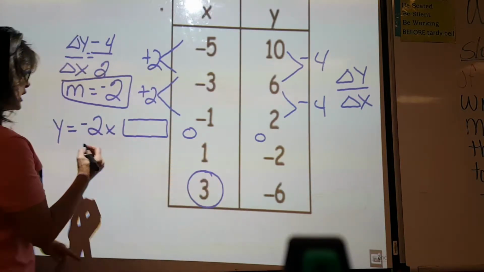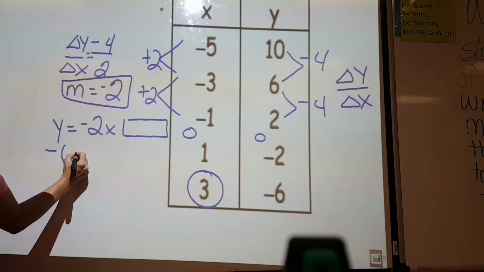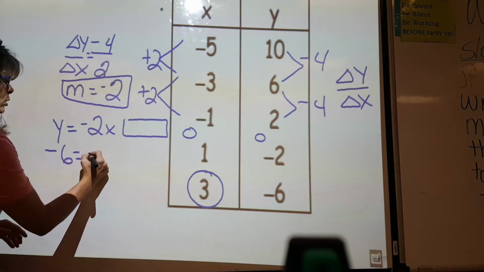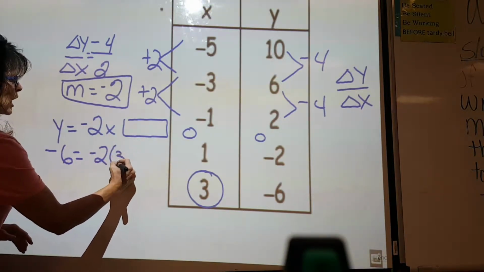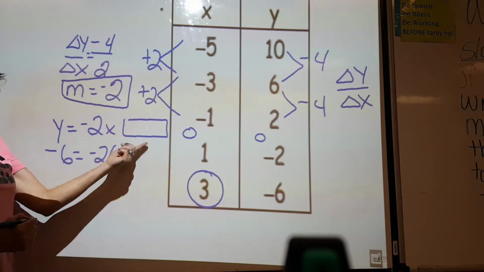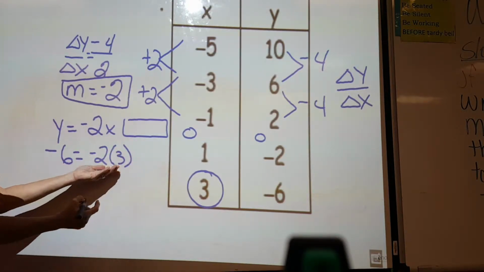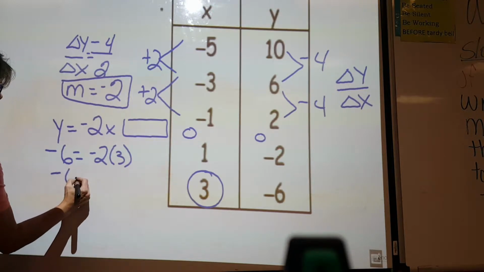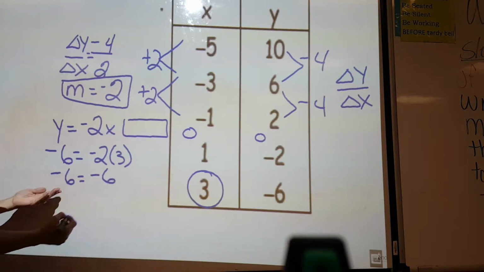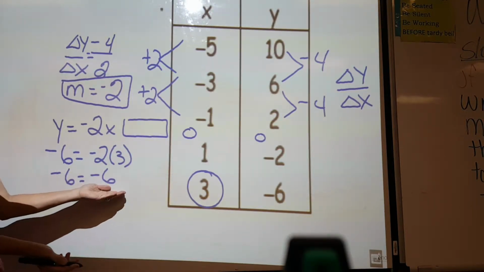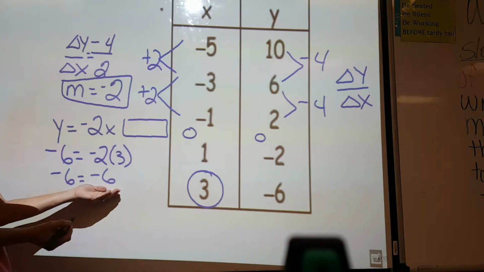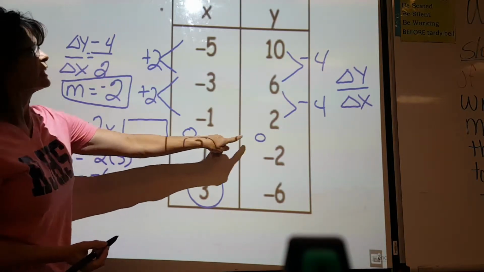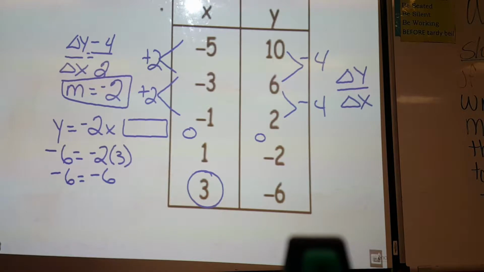Y is -6. So -6 is going to be equal to -2 times 3, and I will need to add or subtract something. So I got to find out what's going on. So -6 equals -6. Well, I don't need to add anything. I don't need to subtract anything. So I'm thinking that I am correct. But that was really easy.